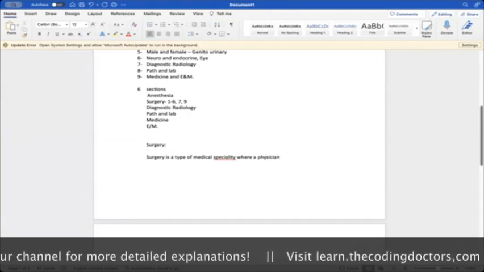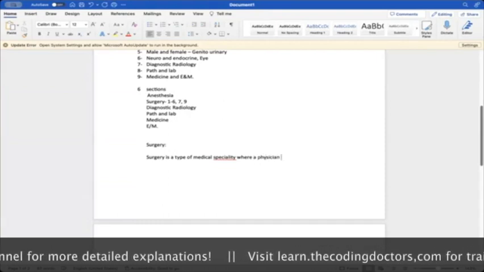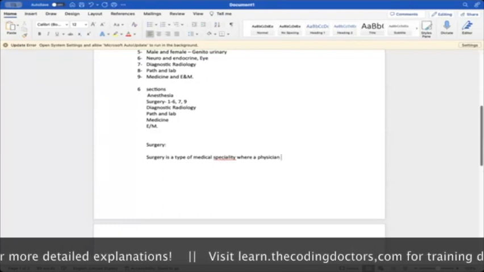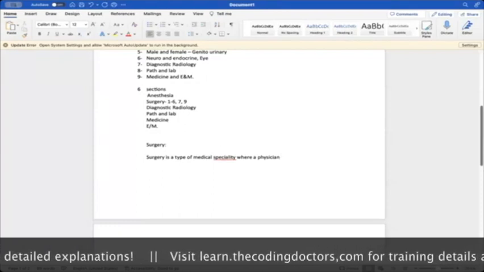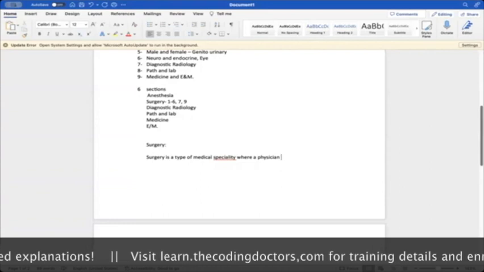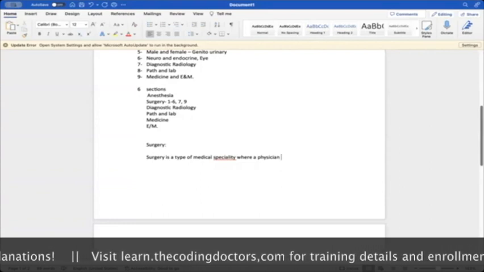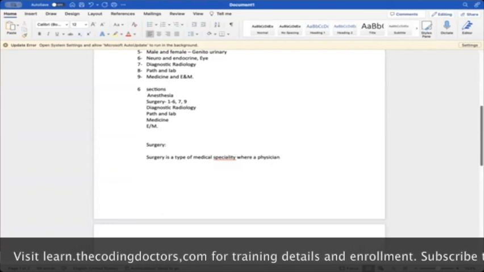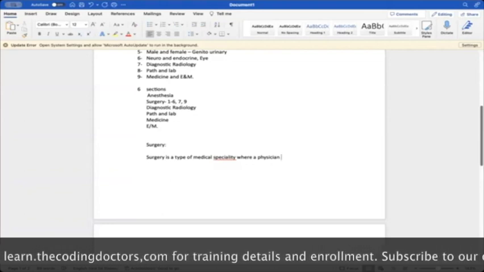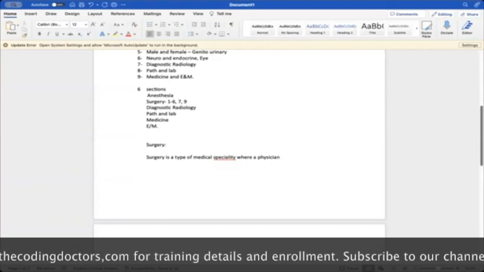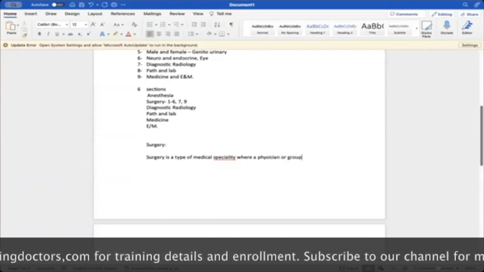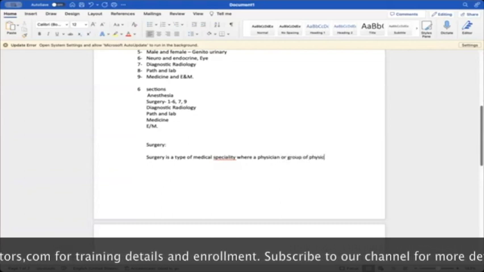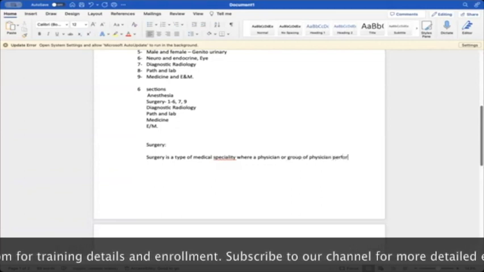If there are major surgeries like heart transplantations or kidney transplantations, those kinds of surgery require more than one physician, right? A group of physicians is required to perform such procedures. Agree everyone with this? Yes. So here I mentioned where a physician or group of physicians perform.